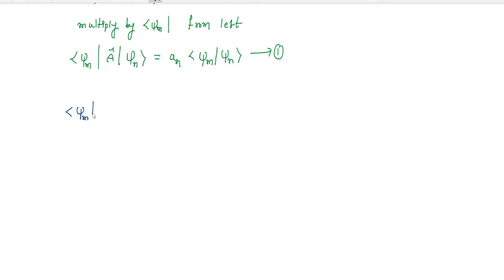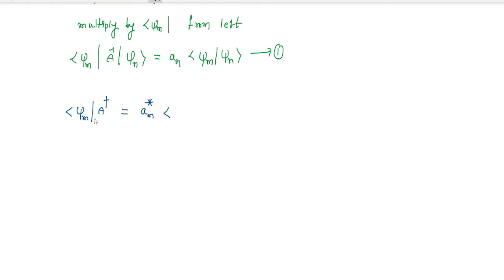This is the bra vector, and here I am applying an operator. This one is A dagger. Here I am applying A dagger on this ket function, and it gives the complex conjugate of the scalar number, the eigenvalue.